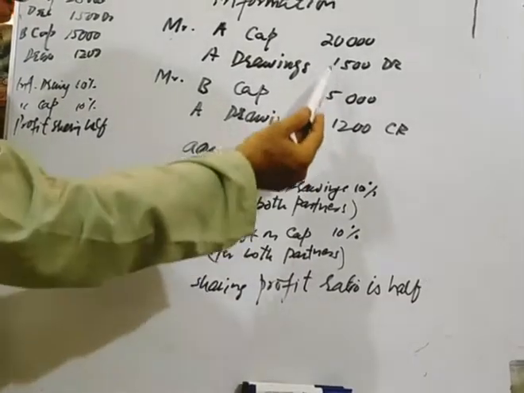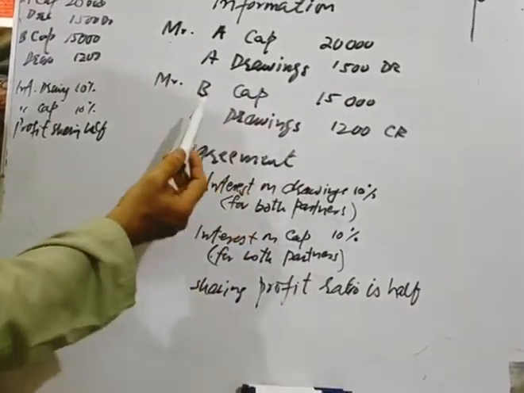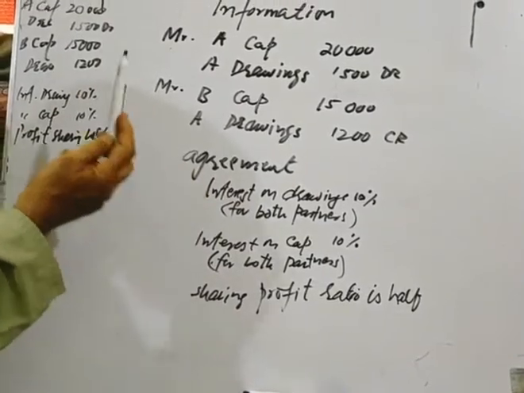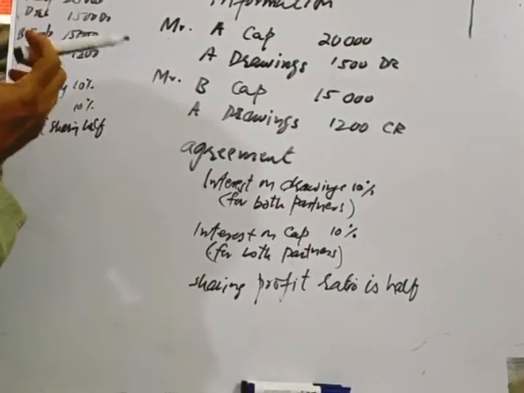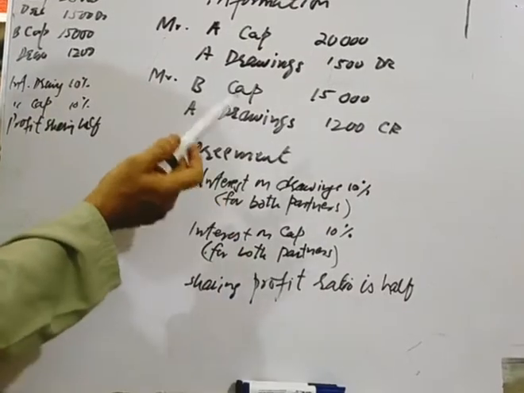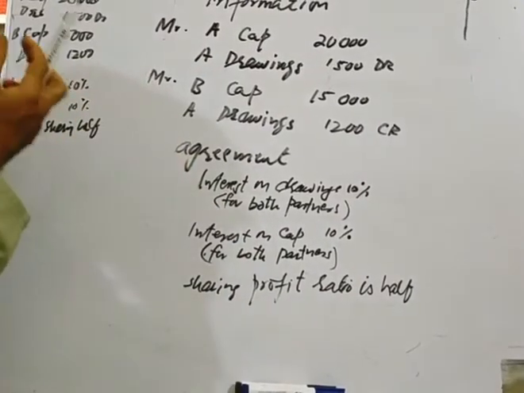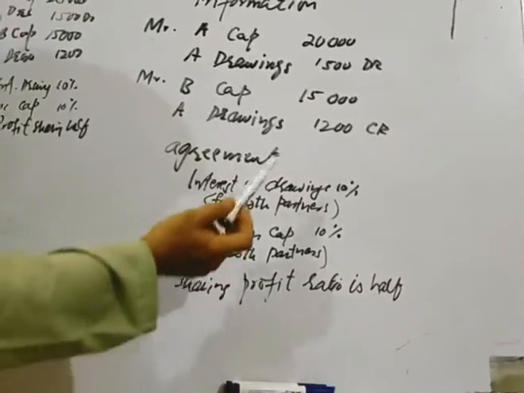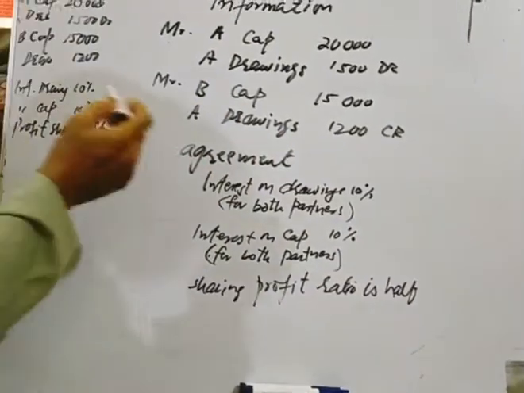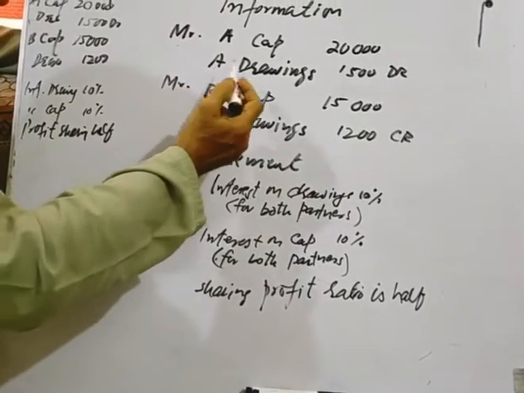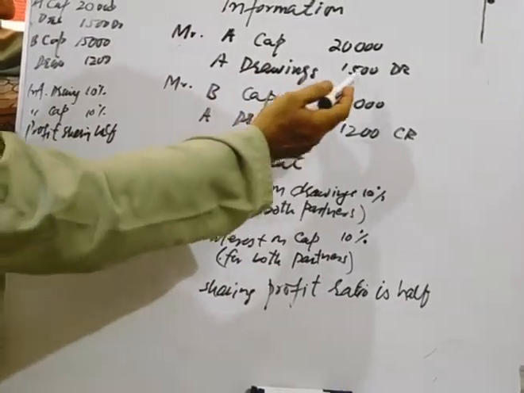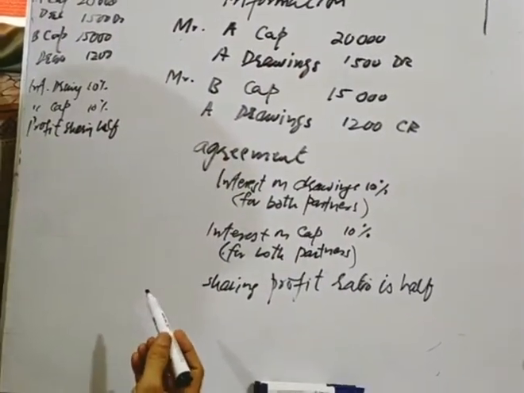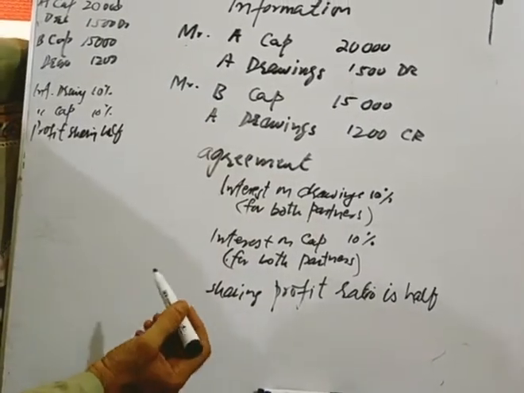Okay, this is the information related to our partnership account, and we are going to make two statements. One is about appropriation of profit and loss, and second is about current accounts. Information is given to you about Mr. A. Capital is 20,000, drawings he has taken 1500, right?